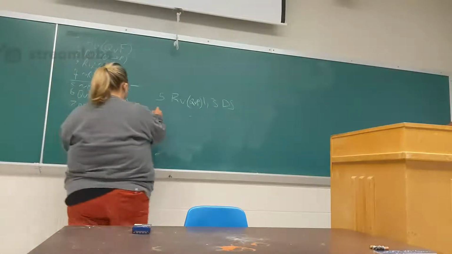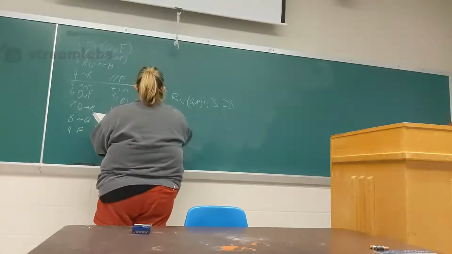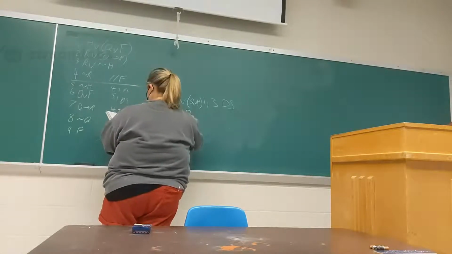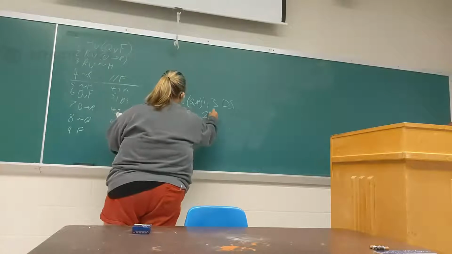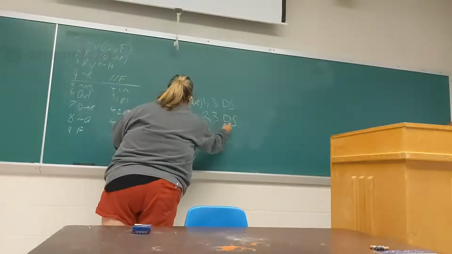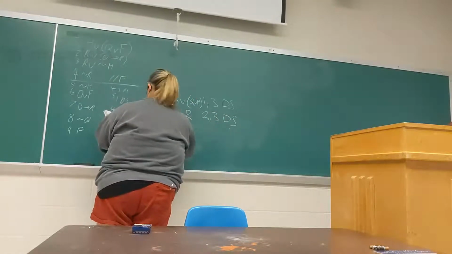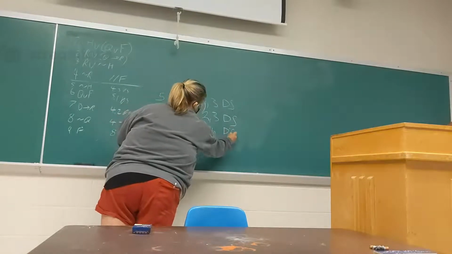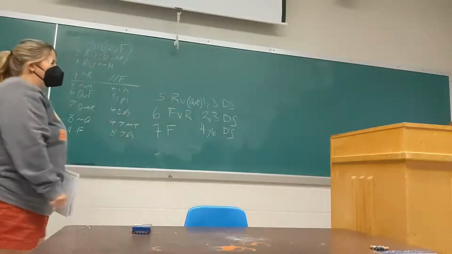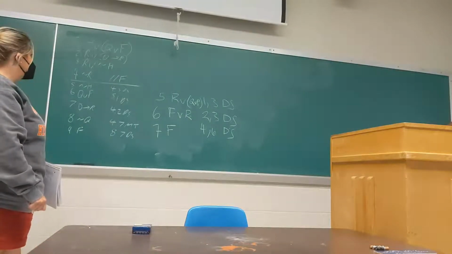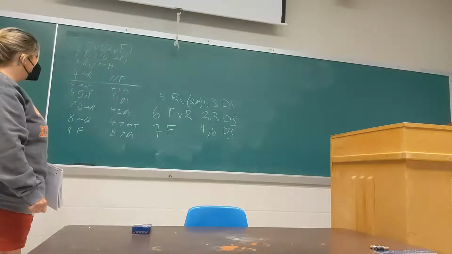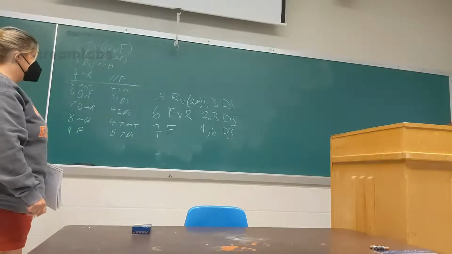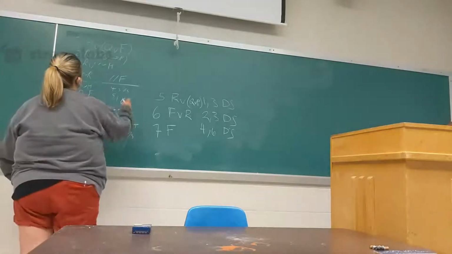Oh, and then wait, you're not wrong. And then I got F or R, 2, 3, B, S, and then I got F, 4, 6, C, S. 2, 3, B, F, F, or R. Where are you getting F from 2 and 3 though?